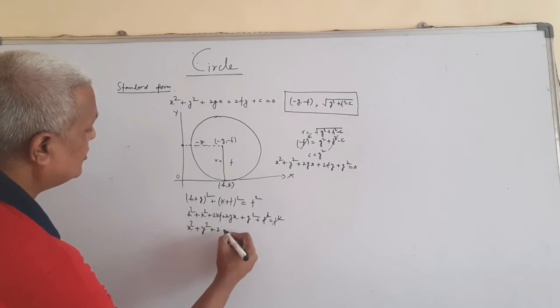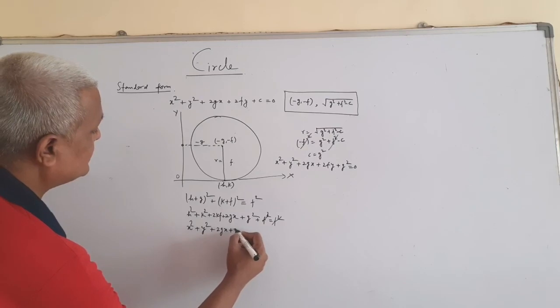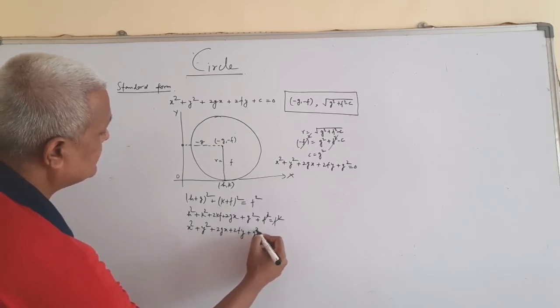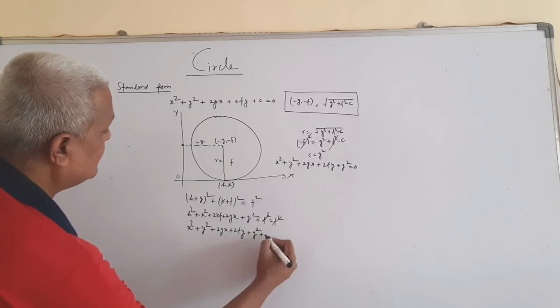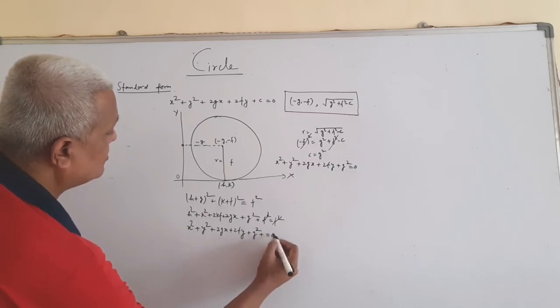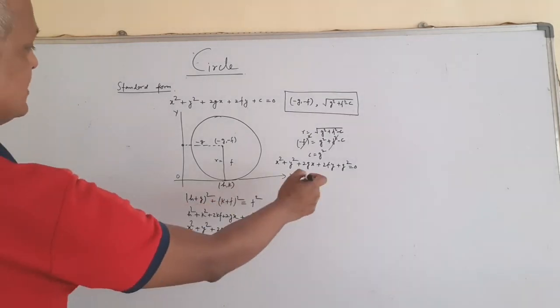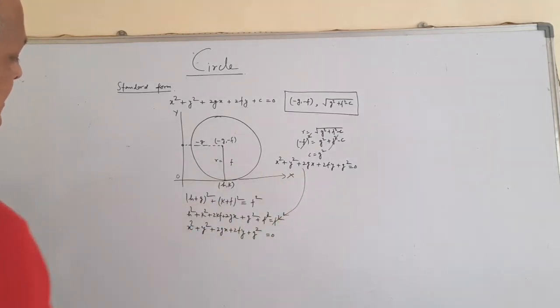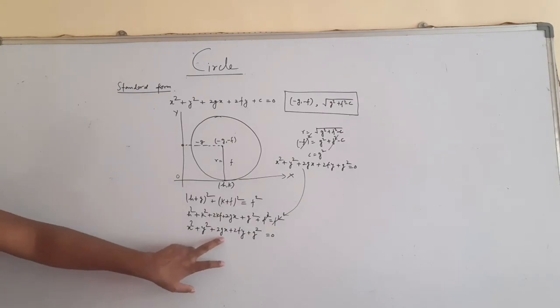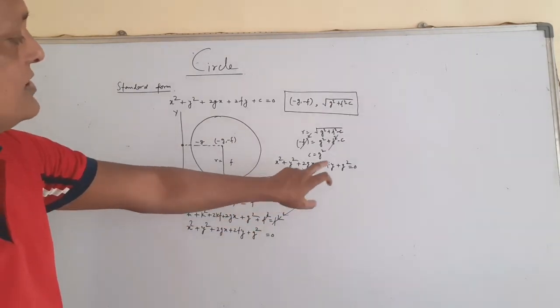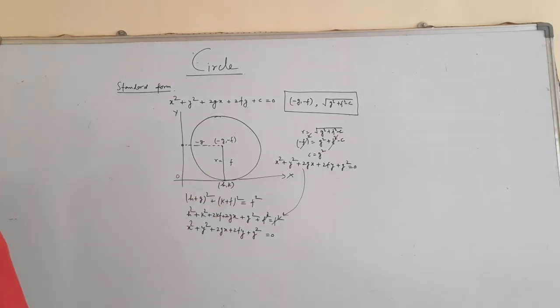2gx plus 2fy plus g square equal to 0. Now check it out, these two equations: x square plus y square plus 2gx plus 2fy plus g square is equal to 0.